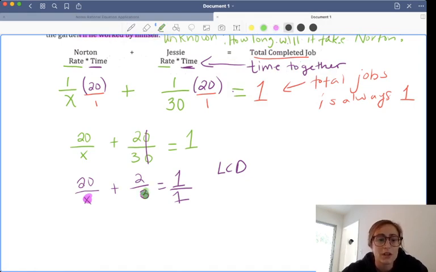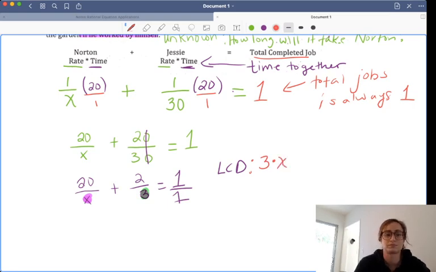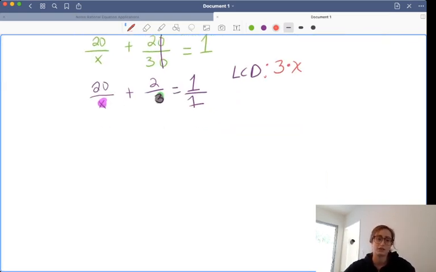Because they're different, which means my least common denominator is going to be 3 times x. So I'm going to take that common denominator and multiply it by each one. That's a times 3 times x.